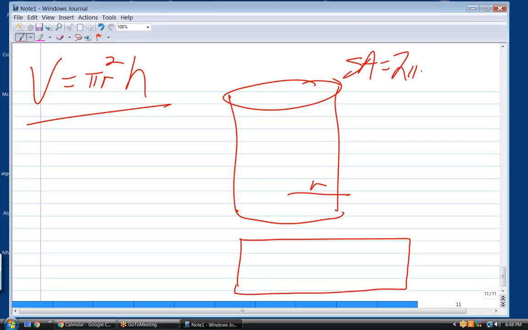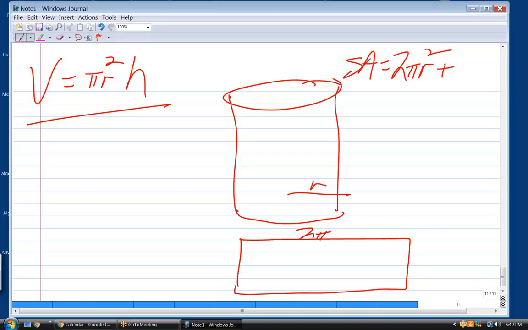That's 2 pi r squared, the top of the beer can and the bottom of the beer can, plus the area of this label, the lateral area. Notice that the length of this area is going to be the circumference of that can, right?